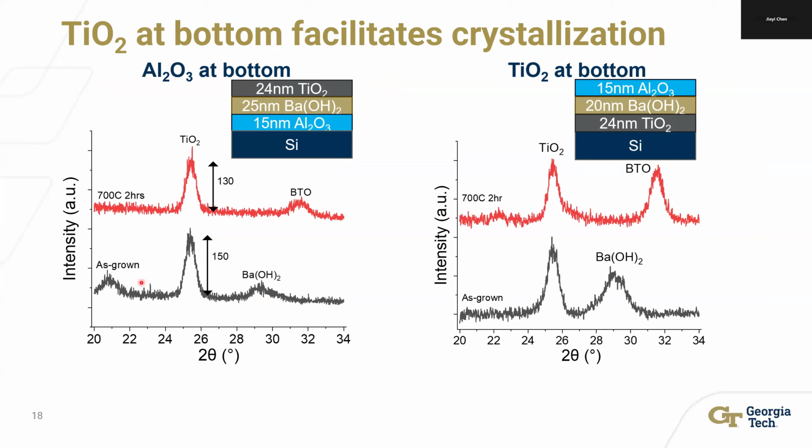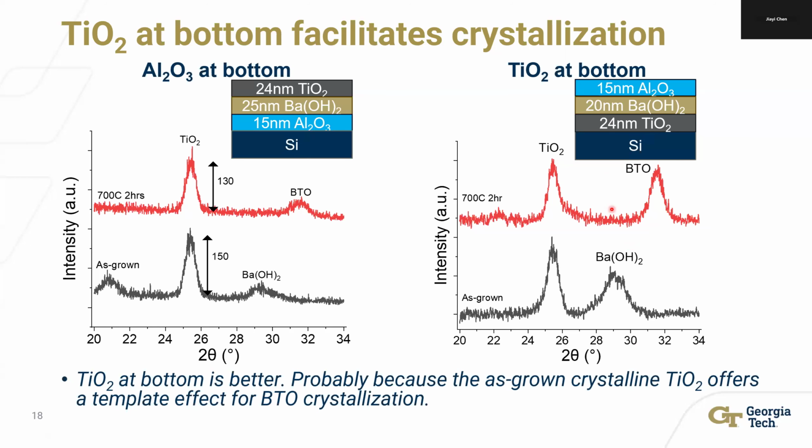Clearly, after annealing, we see that the structure with TiO2 has a stronger barium titanate signal, which means more crystalline barium titanate.